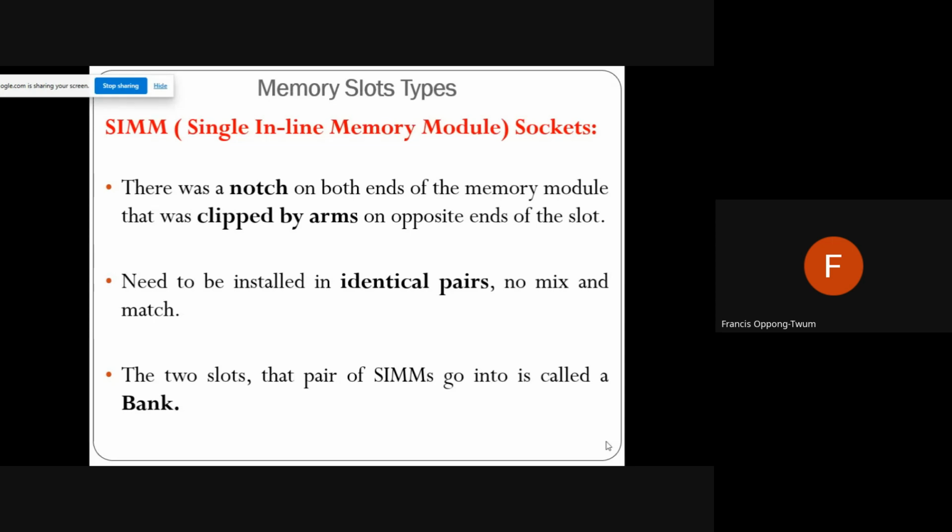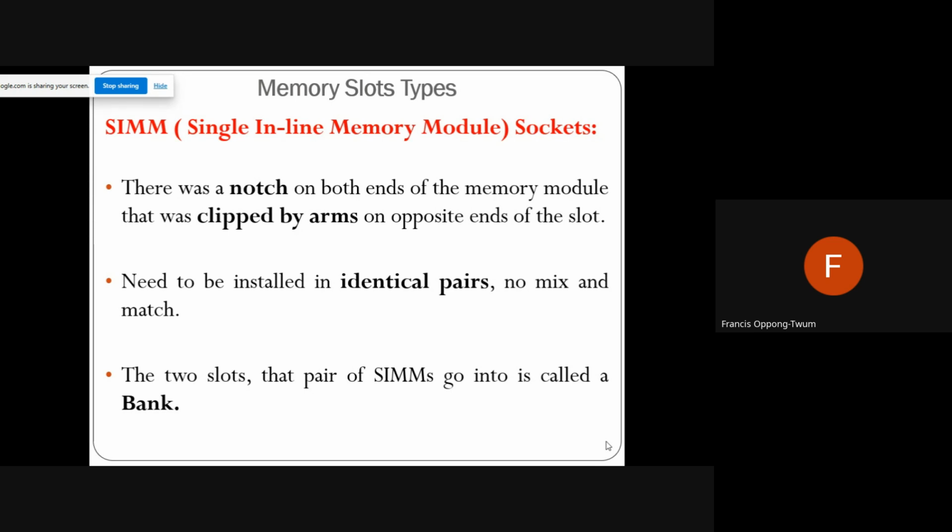There is also a notch on both ends of the memory module, and a clip with arms on both sides. It needs to be installed in identical pairs, no mix and match.